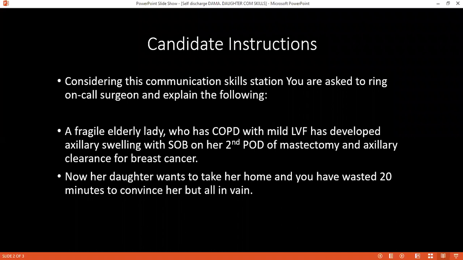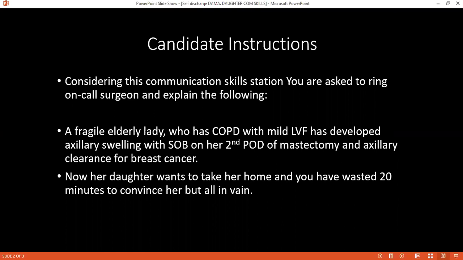Yeah. So what will be your plan of action, doctor? My plan of action for this fragile elderly woman with COPD and left ventricular failure with axillary swelling on the second day post-mastectomy, since I've advised her daughter against taking her home and the mother can't make the decision on her own, is for the daughter to sign against medical advice, stating that she understands the implications of her actions and that she will bear the consequences if by any chance the mother develops some complications at home.